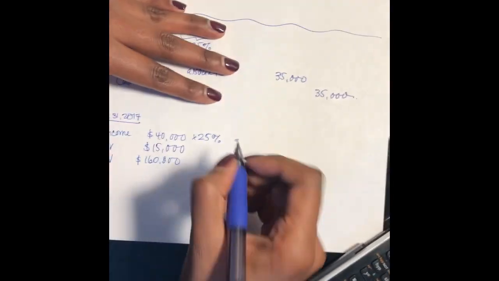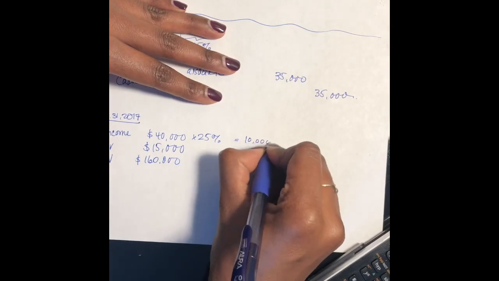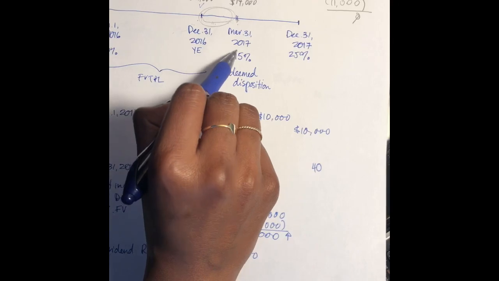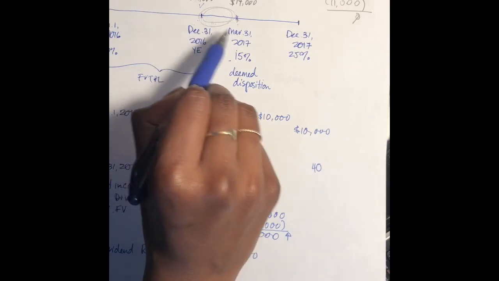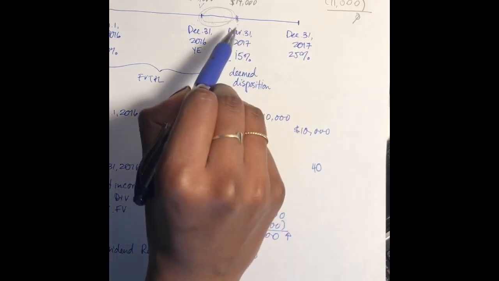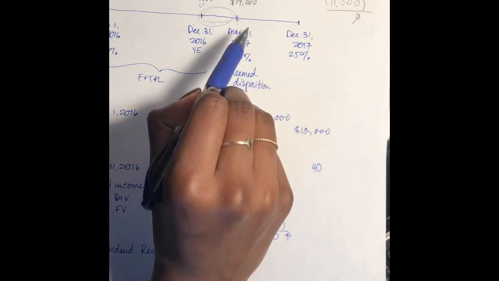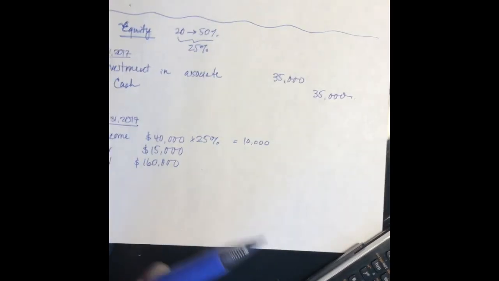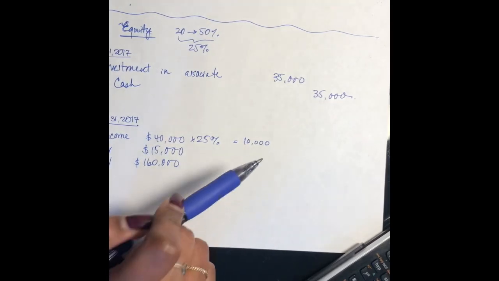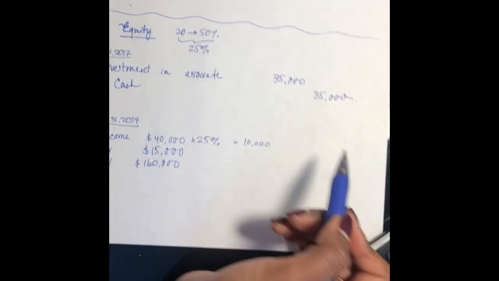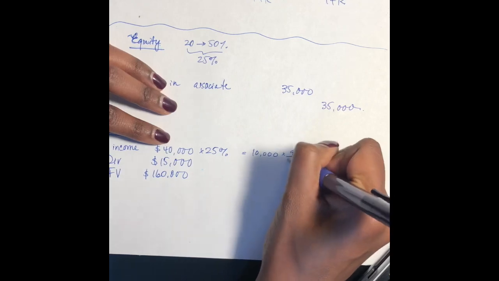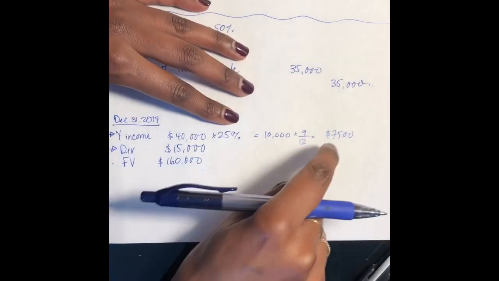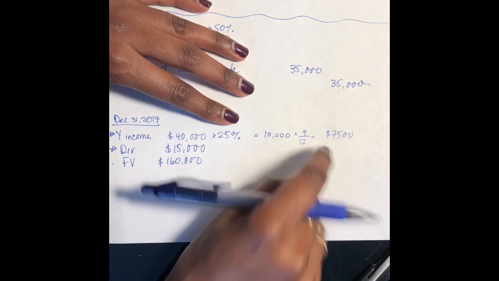Now be careful. It is 10,000, but you only acquired it in March. That's 3 months into the year. So you were only entitled to 9 out of 12 months of the income of company Y. So be very careful. This is what I meant. You have to prorate the income when you switch over in the middle of the year. So 10,000 times 9 over 12, you're going to get 7,500. That's your share of income, okay?